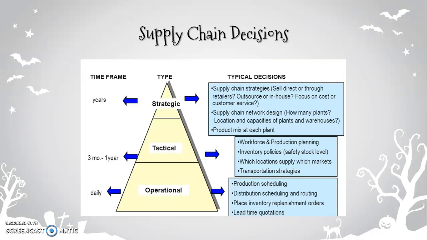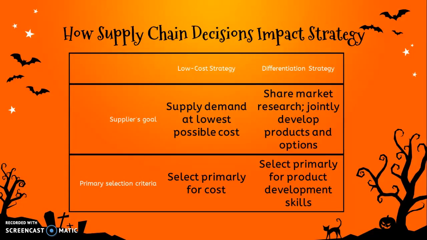These are the main ones. And then we have the operational ones, where we talk about production scheduling, distribution scheduling and routing, inventory replenishment orders, lead time quotations, etc.